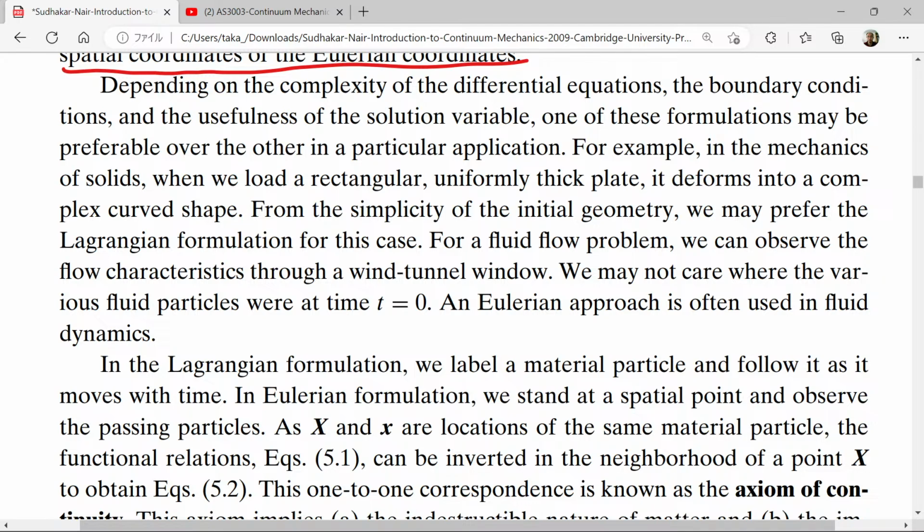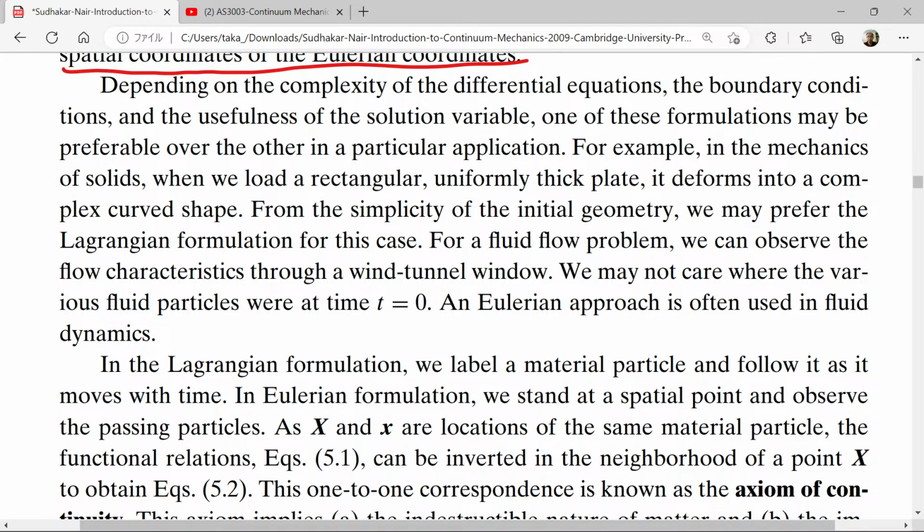For example, in the mechanics of solids, when we load a rectangular, uniformly thick plate, it deforms into a complex curved shape from the simplicity of the initial geometry. We may prefer the Lagrangian formulation for this case.